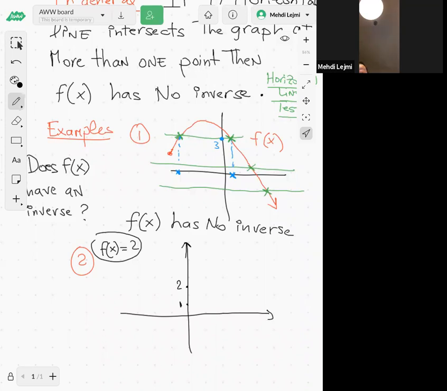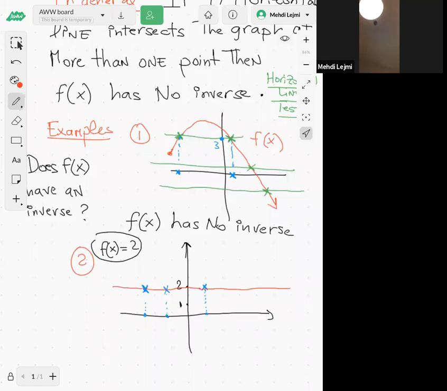If this is my input x, the image would be 2. If this is my input x, the image would be also 2, etc. So for any input x, the image would be 2. So the graph would be just like a horizontal line, which passes through the 2.